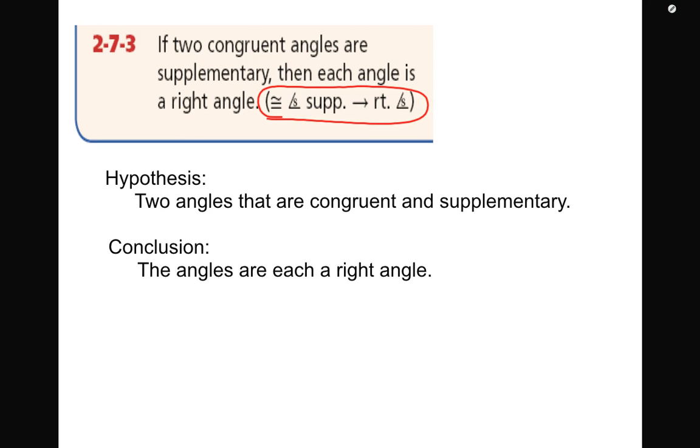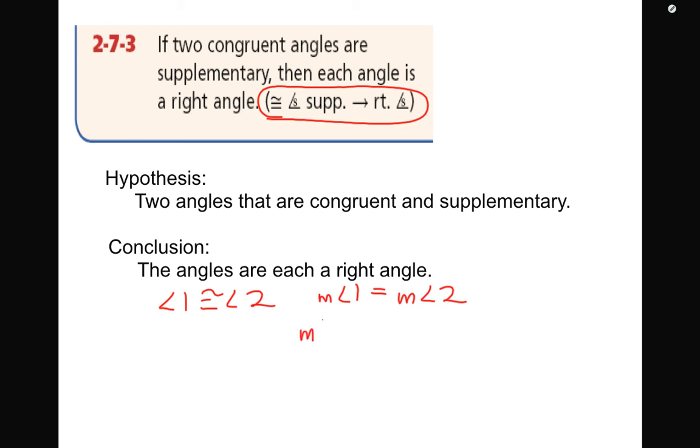Okay, then let's think through two angles that are congruent and supplementary. So they have to be congruent. So angle 1 is congruent to angle 2, which means their measures are the same. And they're supplementary.